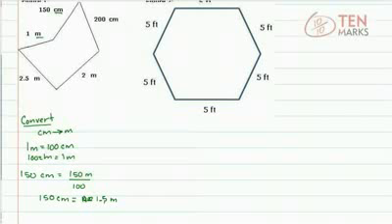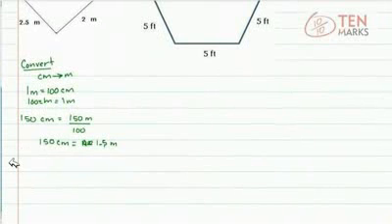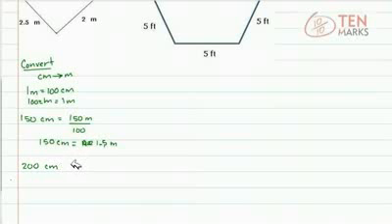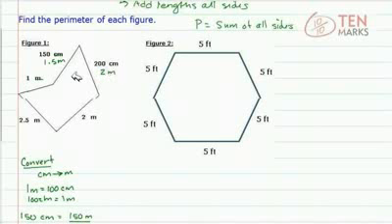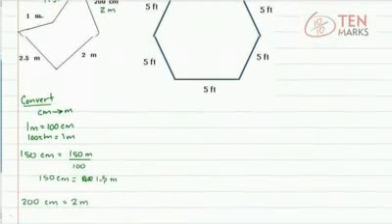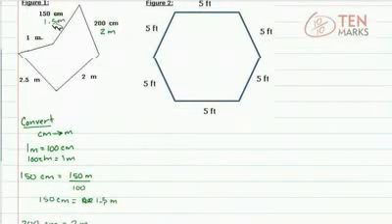Similarly, 200 centimeters equals 2 meters if we divide it by 100. So we just converted our centimeters into meters.